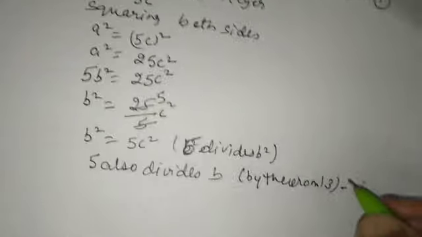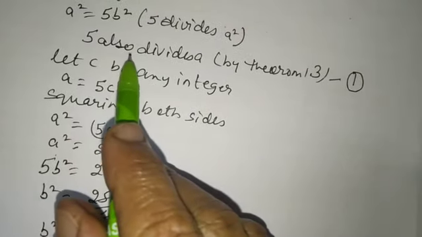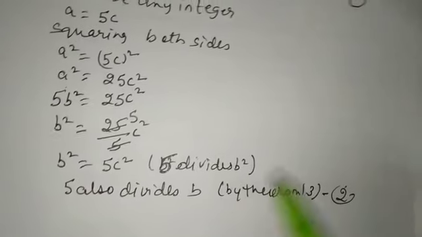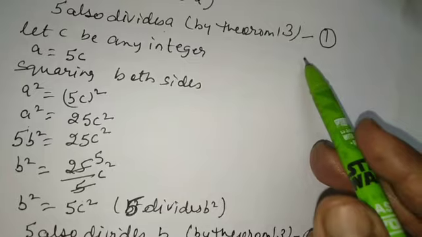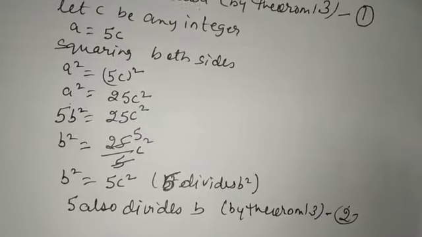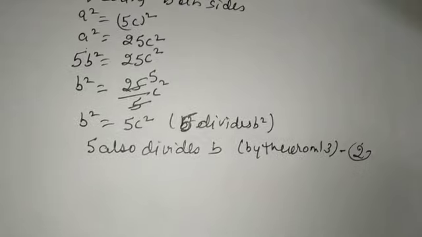Let's say this is our 2 here. So we have 1 here, 5 divides a, and here 5 divides b. So from our 1 and from 2 we get that a and b both are divisible by 5.